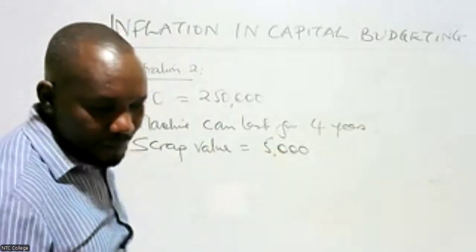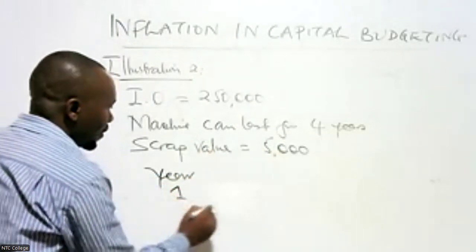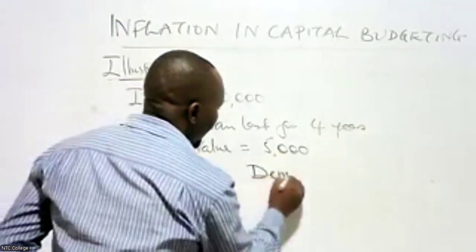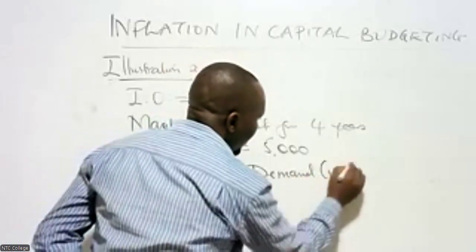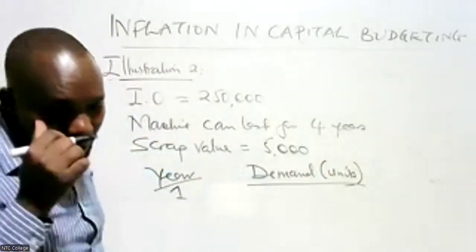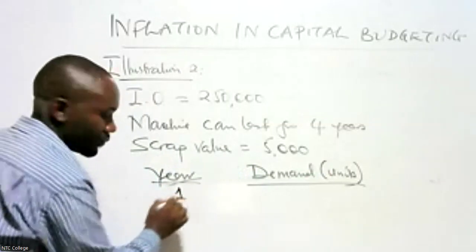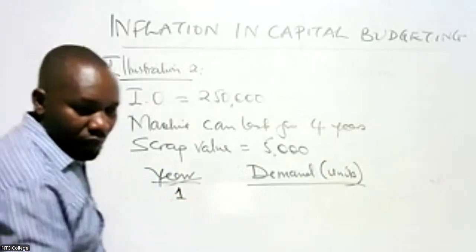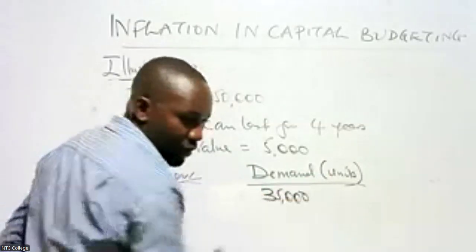Yearly demand. You have demand in units. Year one, 35,000 units.